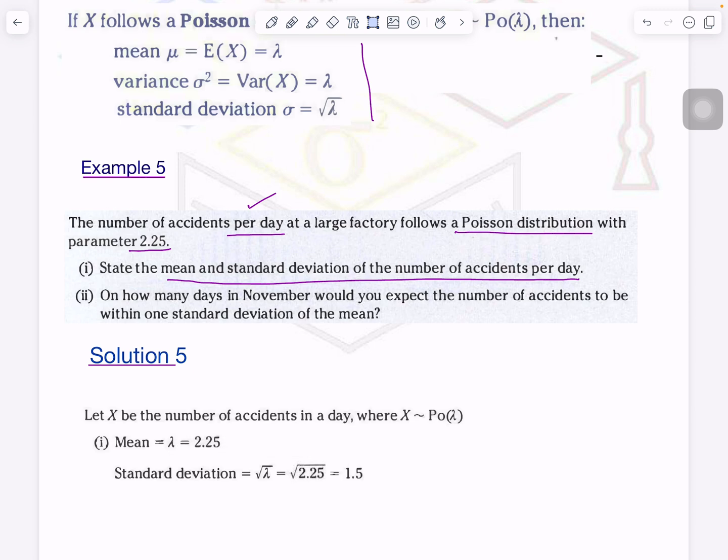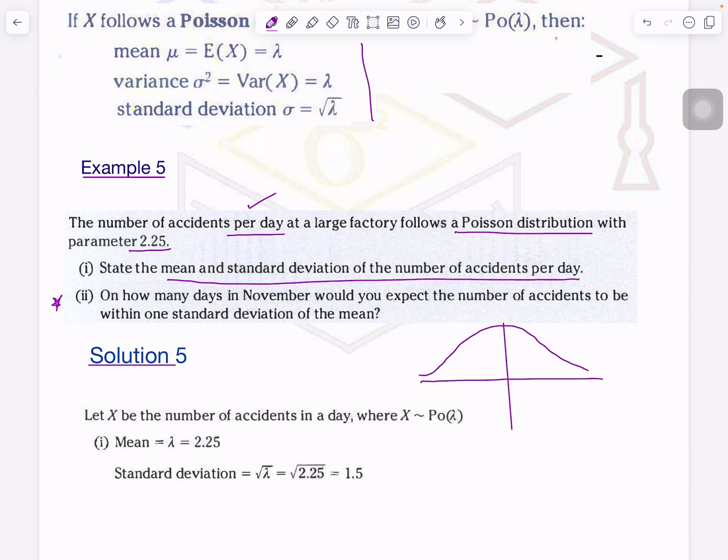Then next part is, now this is a tricky part again. This is a past paper question, some old paper. In how many days in November would you expect the number of accident to be within 1 standard deviation? Very good question. What does this mean? Now, because you have done normal distribution last year, so I'm just trying to explain to you with the help of this, so it might help you.